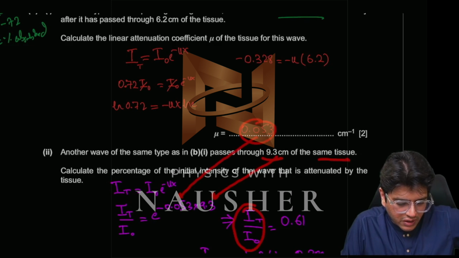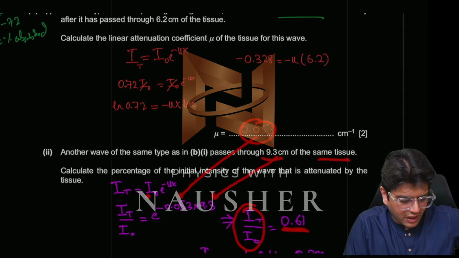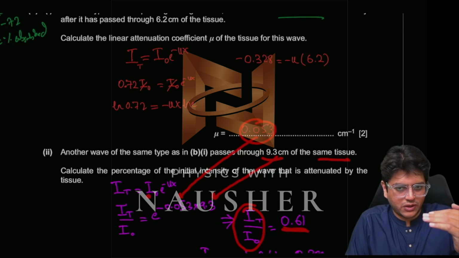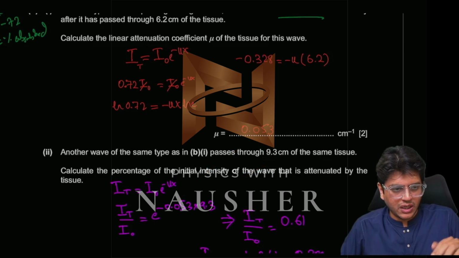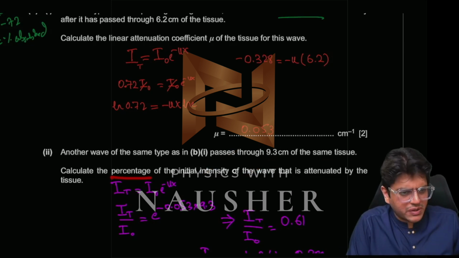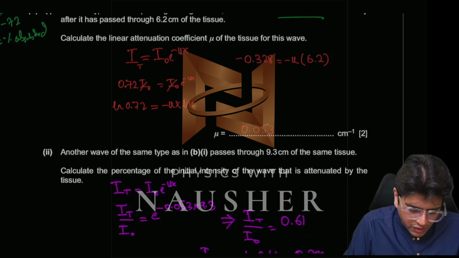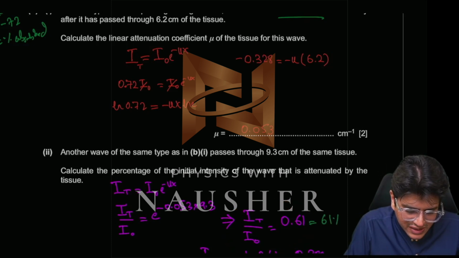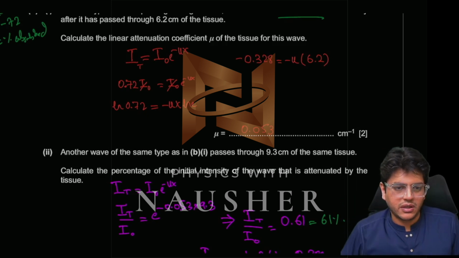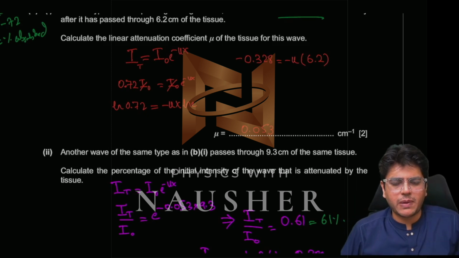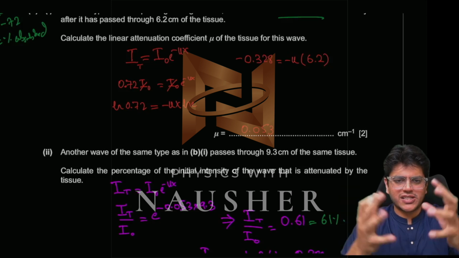So you get IT over I naught, which is 0.61. I naught is the initial intensity that goes in. IT is what goes out. Because they're asking for a percentage, they can also ask you for fraction. This is fraction. If you want percentage, I will say 61% leaves. So what stays behind? What is attenuated? What is absorbed?